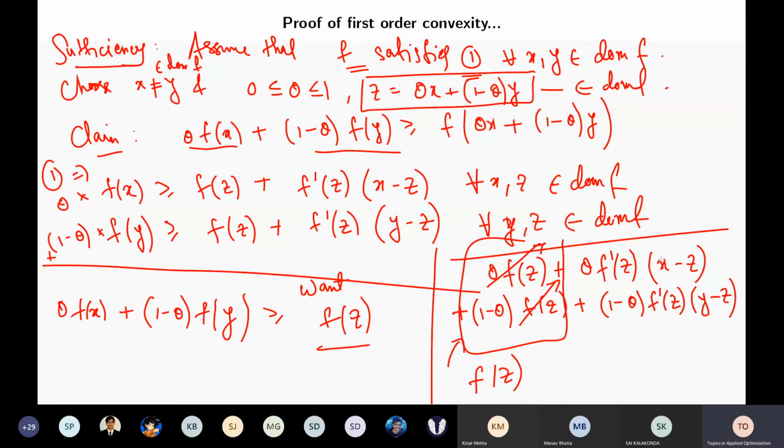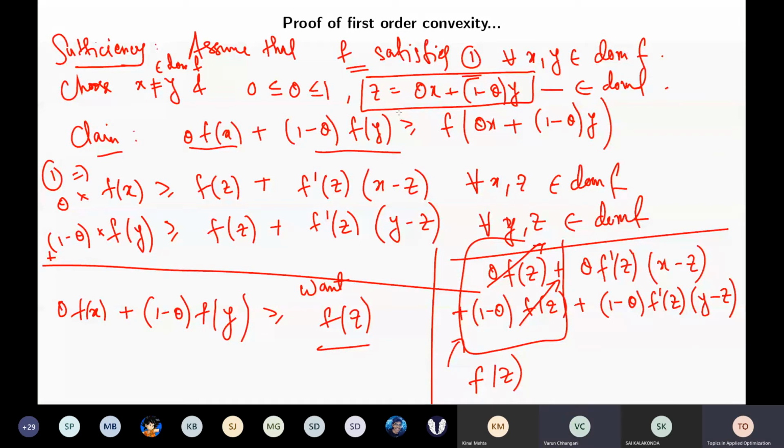They vanish, right? Yes, sir. Okay. So x minus z, and it would be theta x plus 1 minus theta y minus z, because theta plus 1 minus theta times x. So the question is what is f prime of z, right?